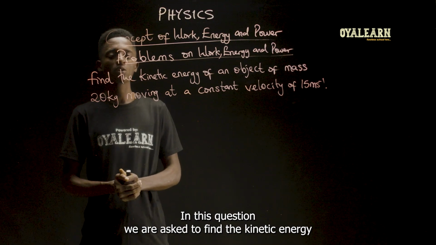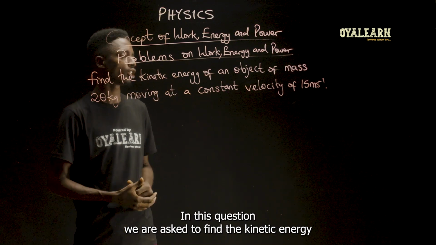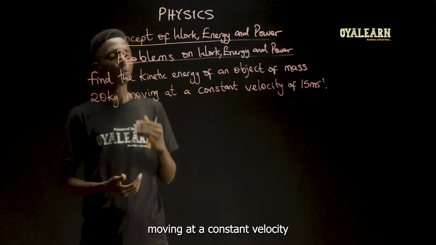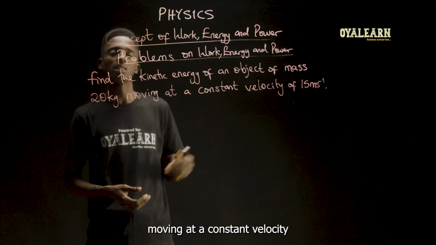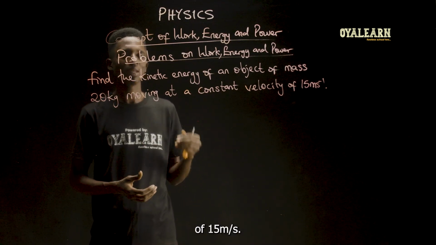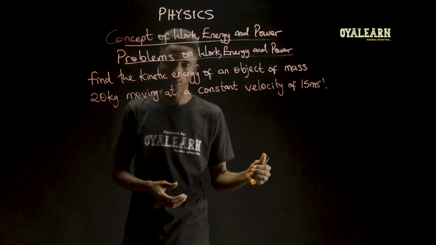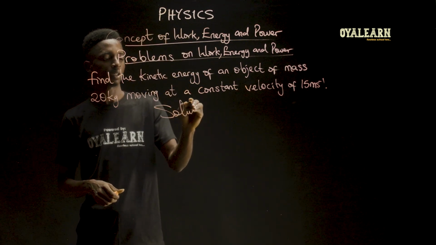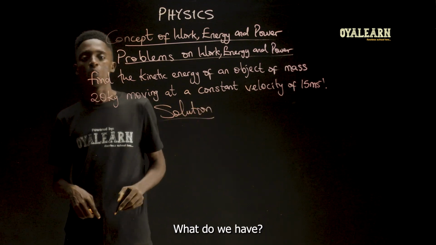In this question, we are asked to find the kinetic energy of an object of mass 20 kilograms moving at a constant velocity of 15 meters per second. Now, to solve this, solution, what do we have?